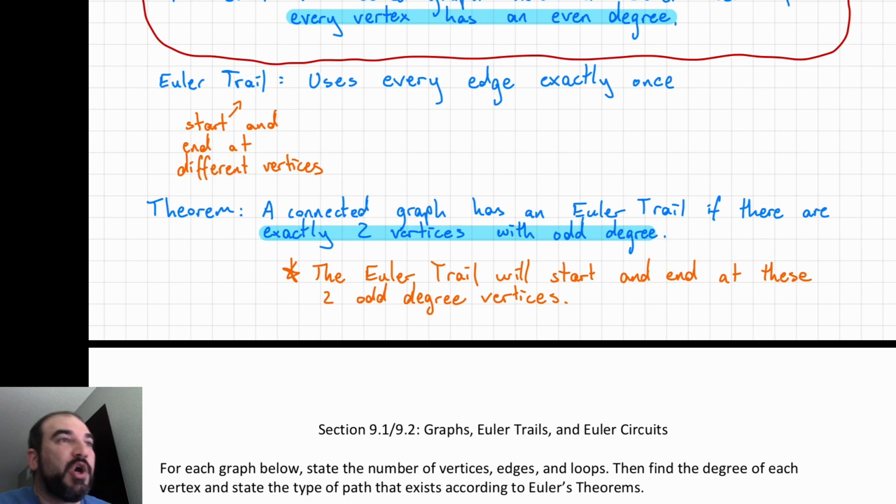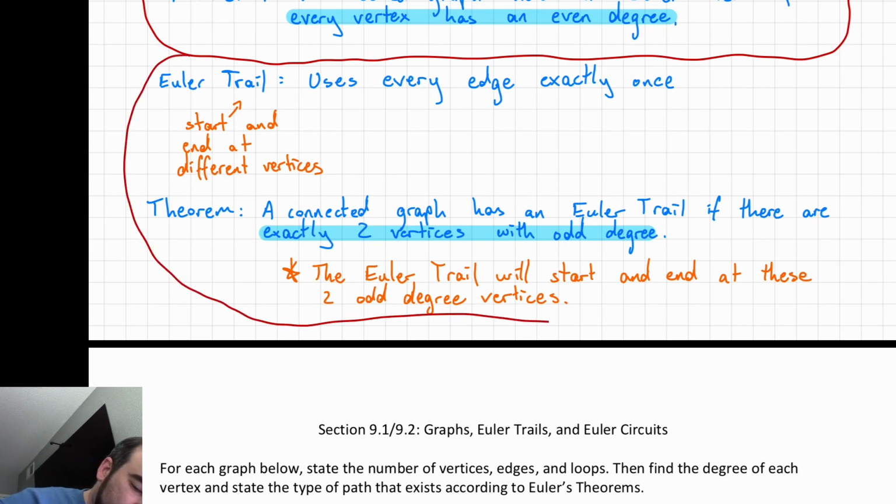So the fact that there are exactly two vertices that have an odd degree is significant because that's where we have to start and end. Those two vertices are where we would start and end the trail that we're looking for, right? So it gives you a starting point and a goal for the ending point for the trail.